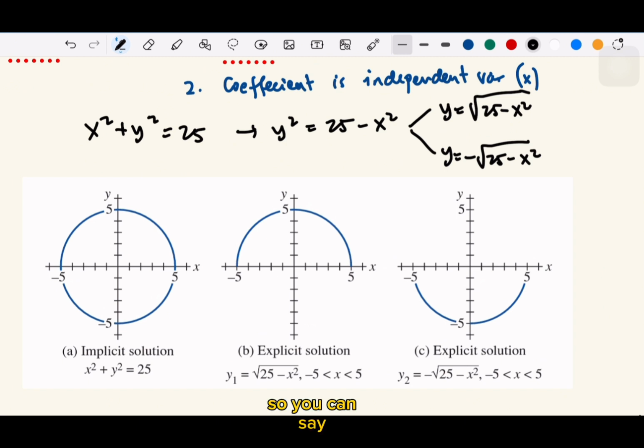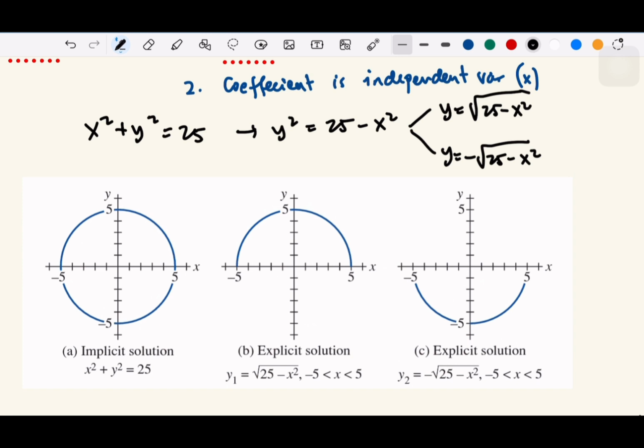So you can say the explicit is if we take the equation of y, so y equals something, it's explicit. But if y itself is in the equation, like for example this one, then you can say this is an implicit solution because it's not really in the final form.